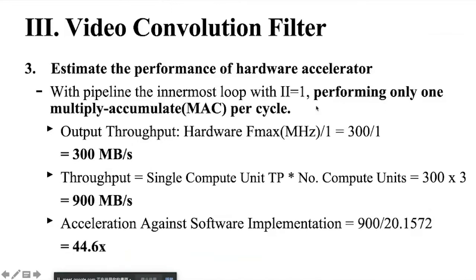And if we use pipeline, one output pixel will be produced per cycle, so the output throughput will be 300 million bytes per second. And because there are 3 channels in each image, the final throughput will be 900 million bytes per second.